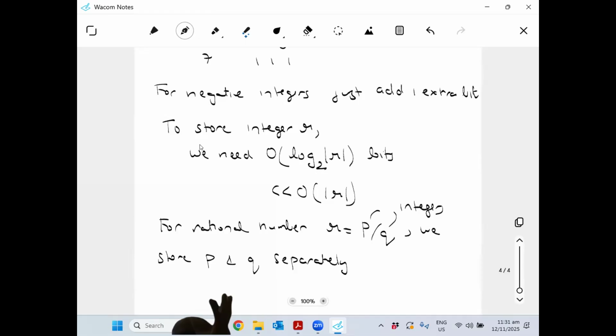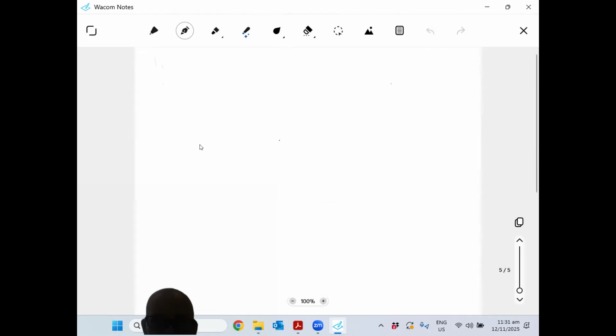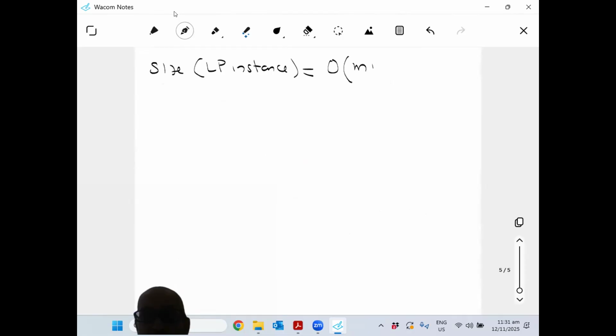Is that clear? So what's the input of the LP? The size of an LP instance is basically order of mn entries times log to the base 2 of U. What is m?